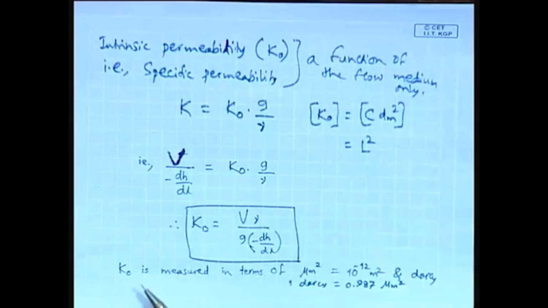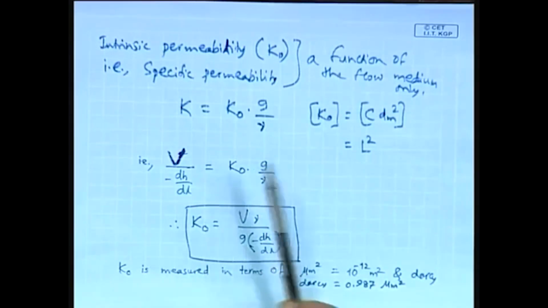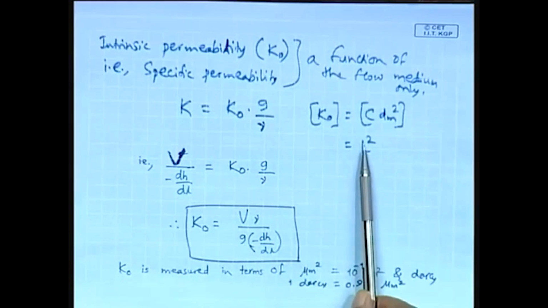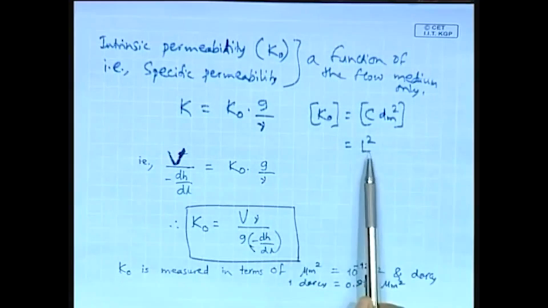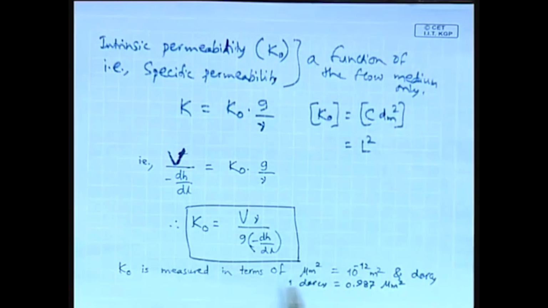So, this intrinsic permeability K0, as we have already discussed, has the units of square of length. It is measured in terms of micrometer square, that is square of 10 to the power minus 6 meter, which is 10 to the power minus 12 meter square.